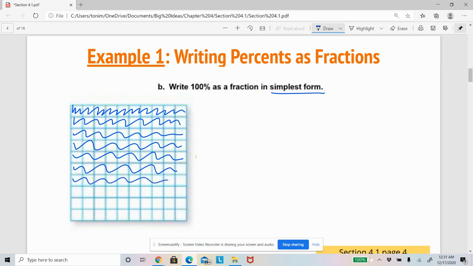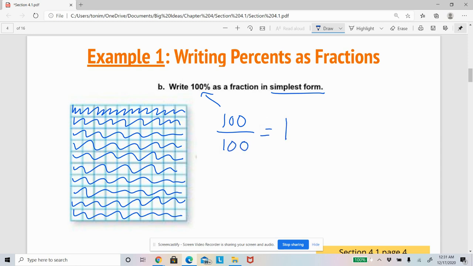I wish I had my highlighter working, but it's not. So here is my highlighting. Every single one is shaded in. So it's 100 out of 100. When you simplify this, it comes to 1. So 100% as a fraction is actually 1.